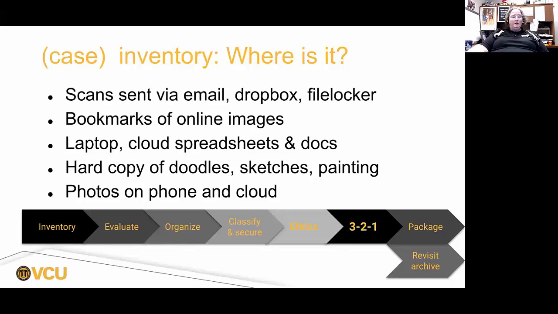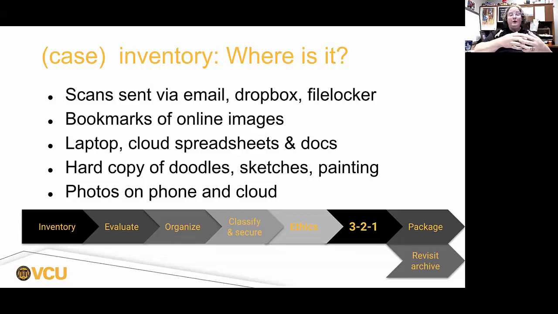I mentioned the color palette, so they may have some Excel spreadsheets or Google Sheets or just Word documents where they've taken notes of how they're developing their color choices. They're an artist, so they're sure to have hard copy of doodles and sketches. They may have paintings that they need to scan.